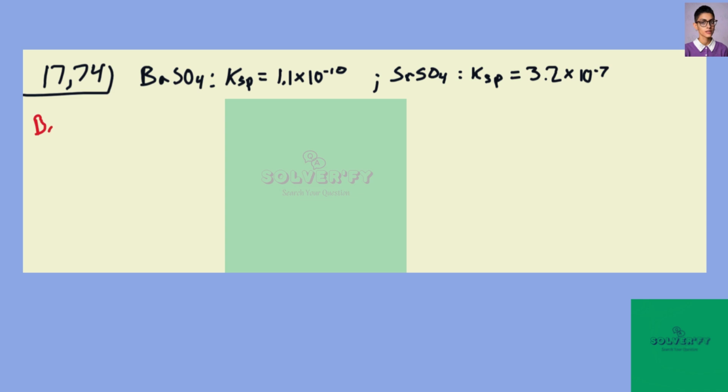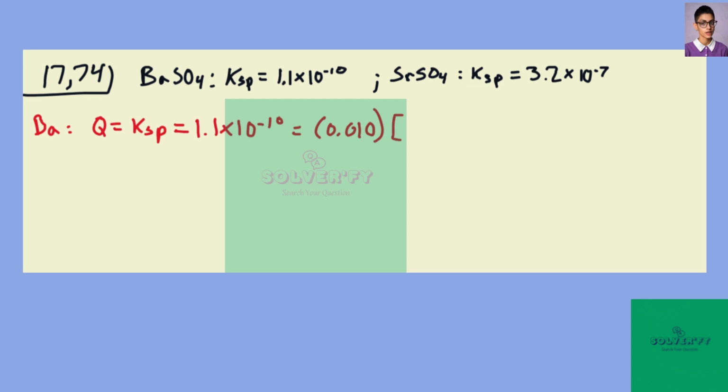So for barium, we can calculate, precipitation will start when Q is equal to KSP, which equals 1.1 times 10 to the minus 10. Now this equals the concentration of barium, which we're told is 0.01 molar.